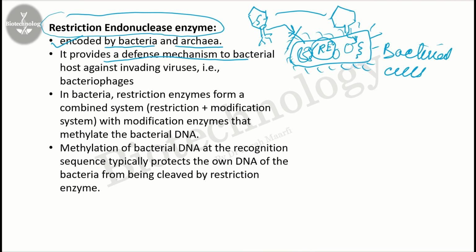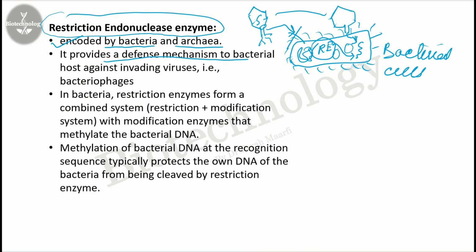But as soon as this restriction enzyme recognizes the presence of some foreign material, that is the RNA of the virus, it cuts it down into fragments and hence stops the translation process. In this way, it can provide a defense mechanism to the bacterial host against the invading virus, that is the bacteriophage.